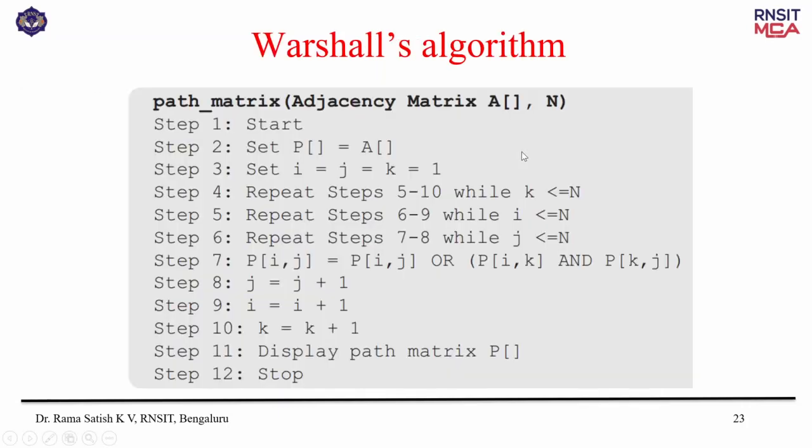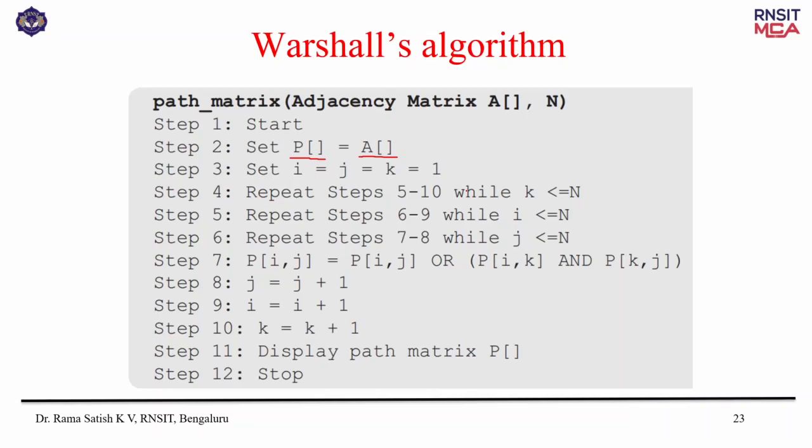Now, how exactly is it done? Using the Warshall algorithm. In the Warshall algorithm, you start by making the path matrix equal to the adjacency matrix, which has the same size.